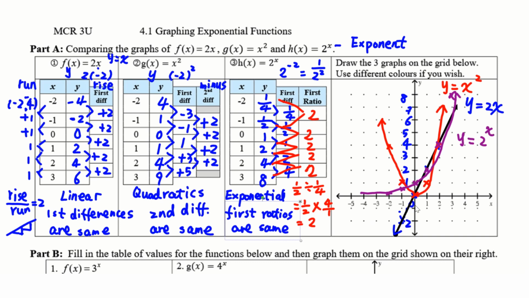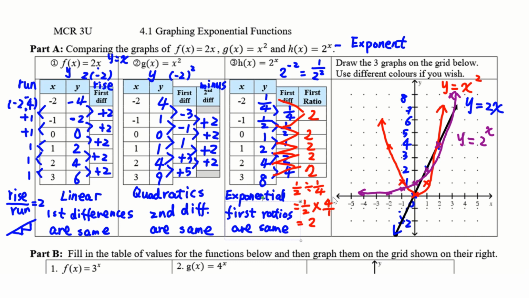When comparing these three graphs, you will see linear is a straight line and x squared is a U shape, and y equals 2 to the exponent x is a graph that from left to right is increasing, and it's increasing faster and faster, quicker and quicker.